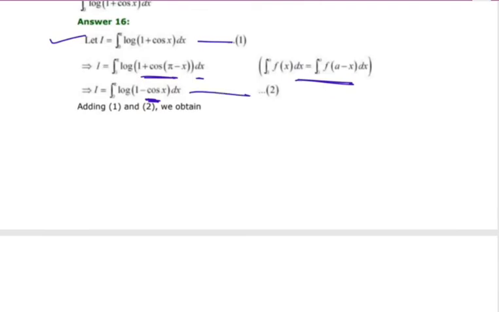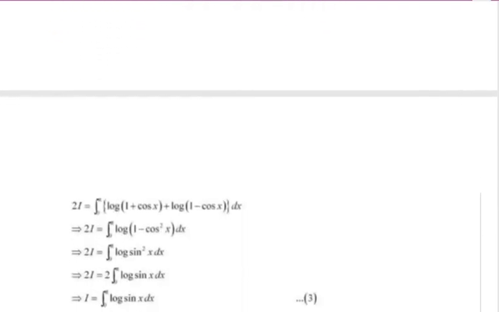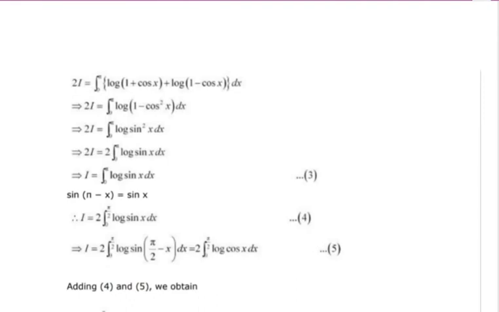Adding 1 and 2, log (1 plus cos x) plus log (1 minus cos x) dx. That is log of (1 plus cos x)(1 minus cos x), that is 1 minus cos square x dx. That is log sin square x dx.